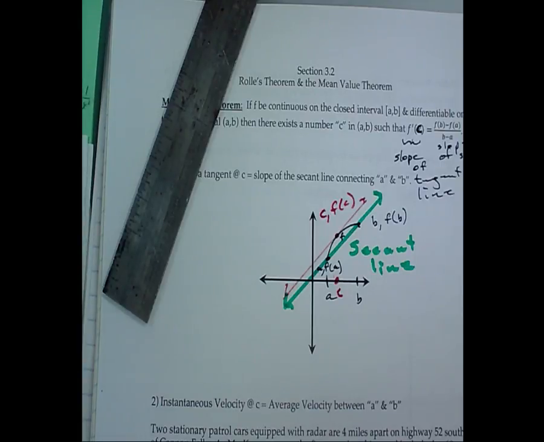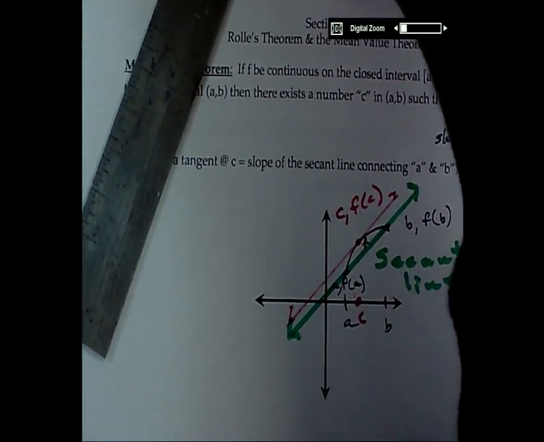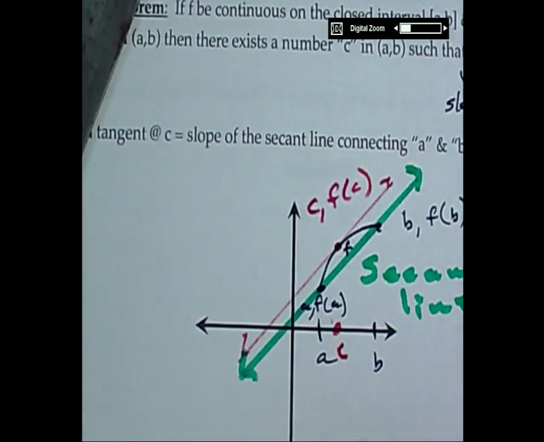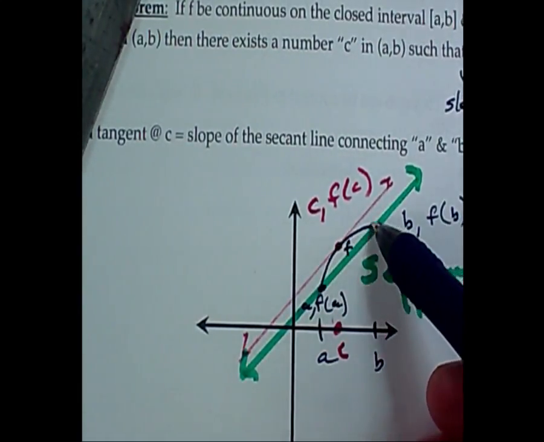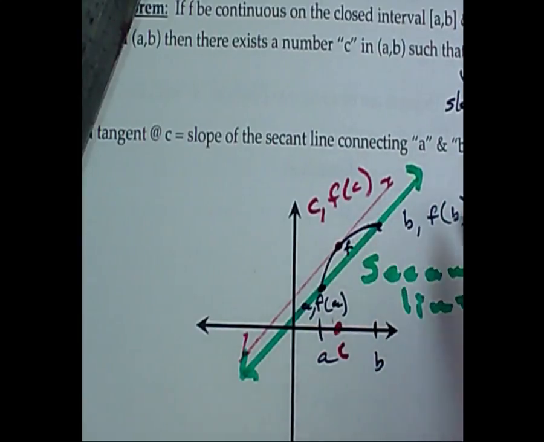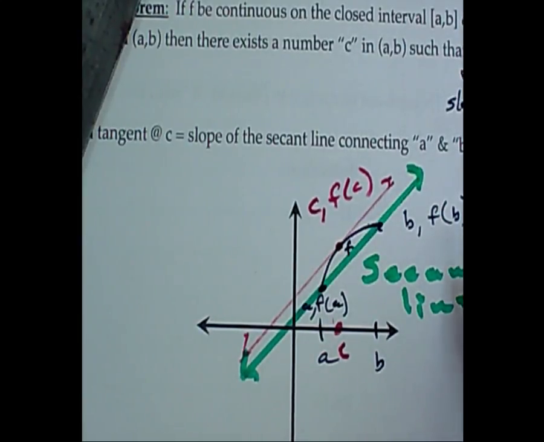Now, Aiden, how do I know F is differentiable right now, just based on my graph? I'll make it big. How do I know this is differentiable? It has an infinite number of tangent lines.